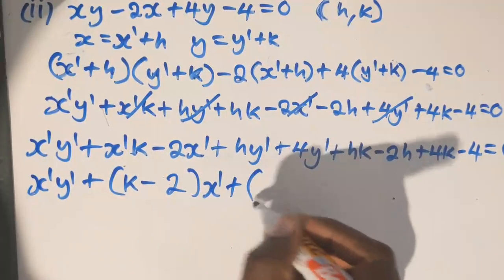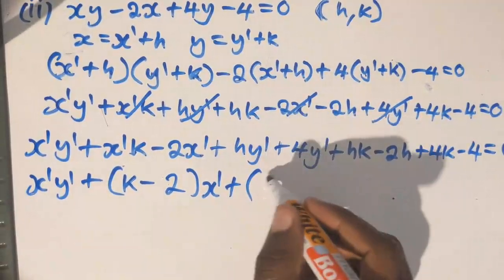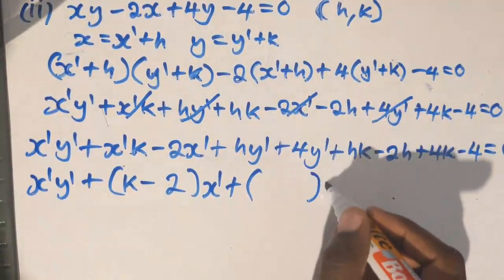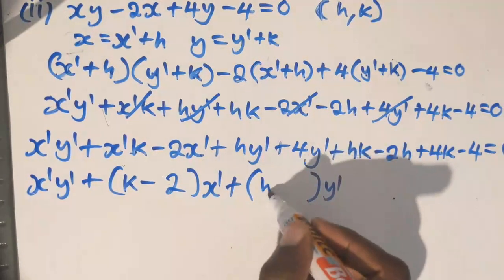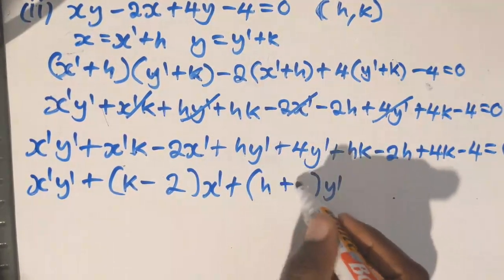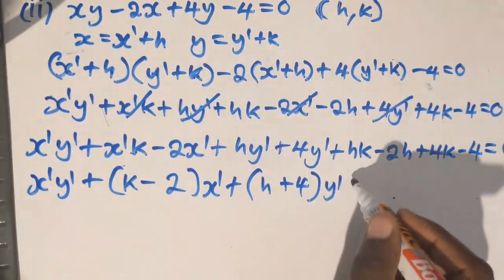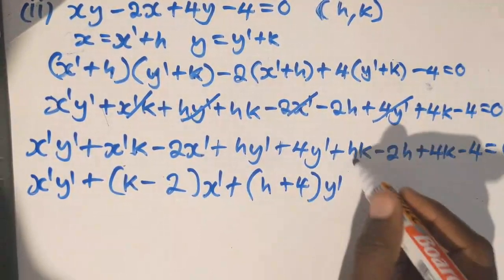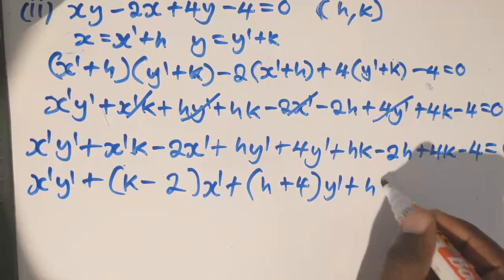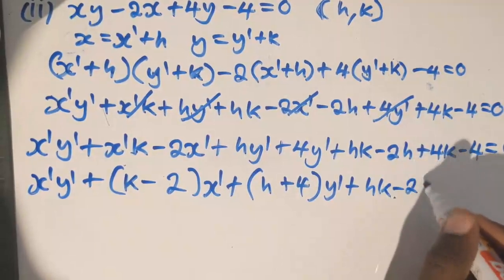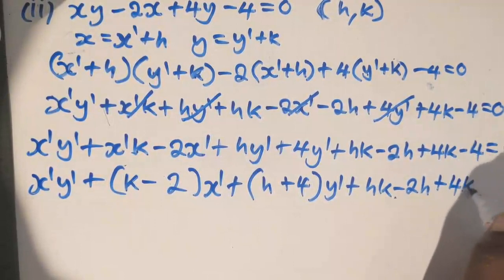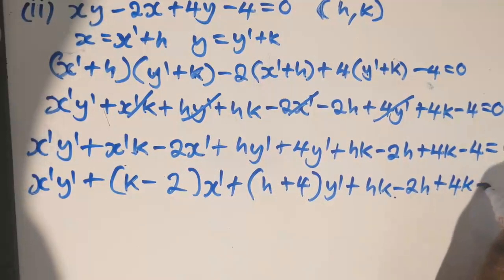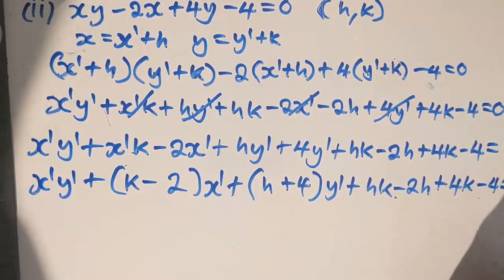Then you say plus, open bracket, here you say y prime outside. Okay, so here you have what? h plus 4, right? So then you just copy this. So this is going to be plus hk minus 2h plus 4k minus 4 equal to 0.